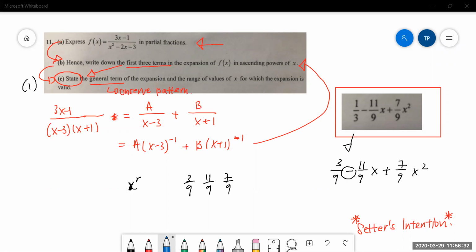Oh, I see it, I see it. This is in your book. Yeah, it's in my book. They put some useful results, but I don't know how you can make use of that. Hold on.